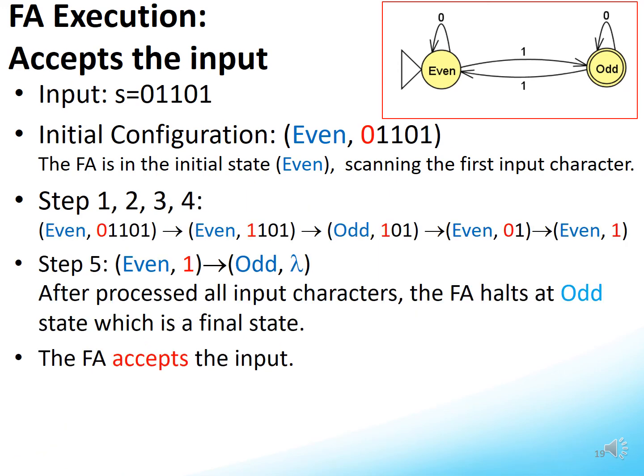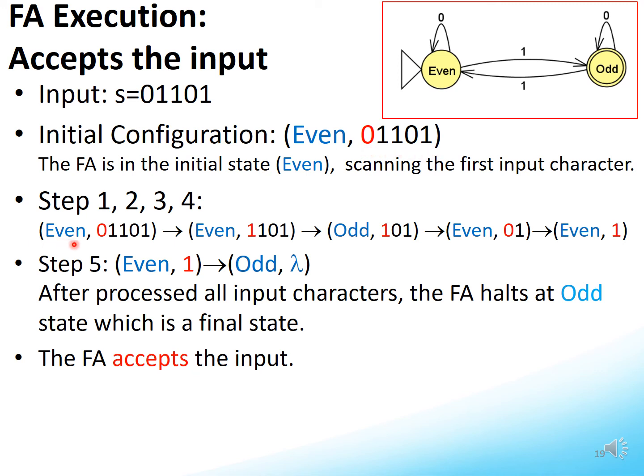Let's look at another test case. This time, the input S consists of 0, 1, 1, 0, 1, which has three 1s, an odd number of 1s. So the machine should accept the input. Again, the machine is in the initial configuration at the very beginning: even, and all the input 0, 1, 1, 0, 1.